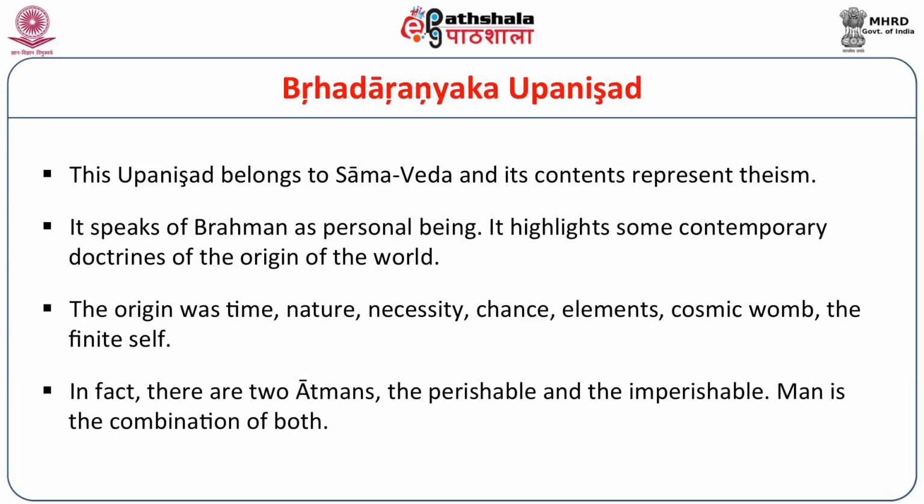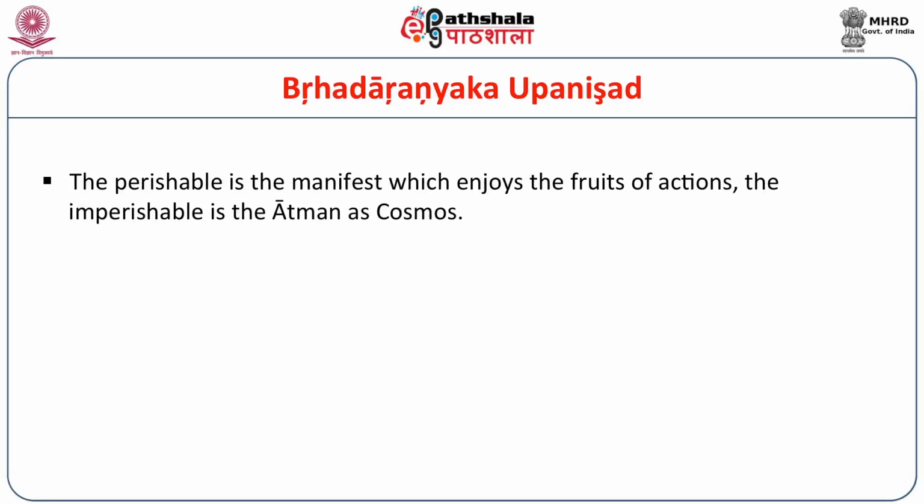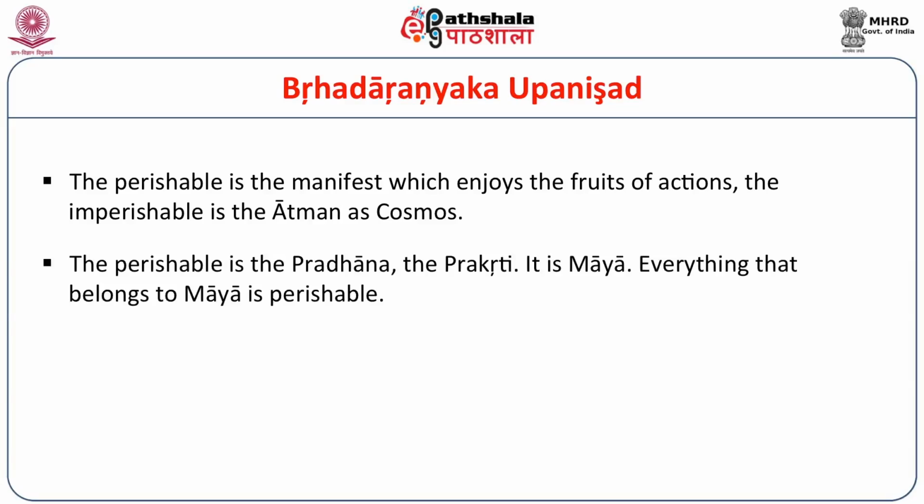In fact, there are two Atmans, the perishable one and the imperishable one. Man is the combination of both. The perishable is the manifest which enjoys the fruits of actions, like Jiva, like you and I. The imperishable is the Atman as cosmos, which is none other than Brahman. The perishable is the Pradhana.